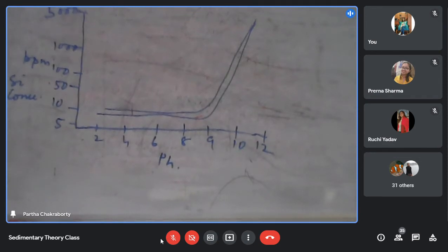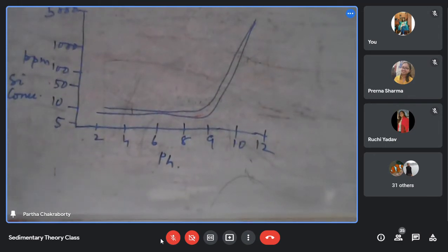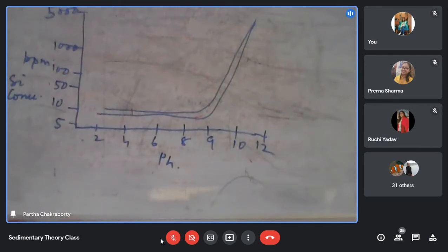And if you make the solution more alkaline, then the silica will go into dissolution very fast. But from pH 5, 6 to 8.5, the silica does not dissolve so fast.